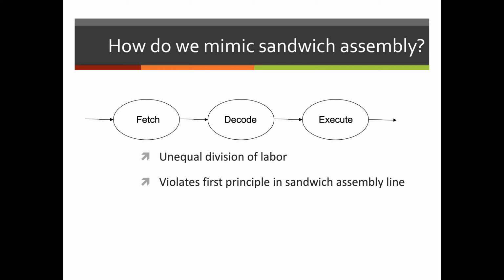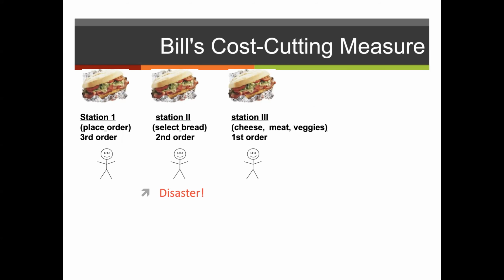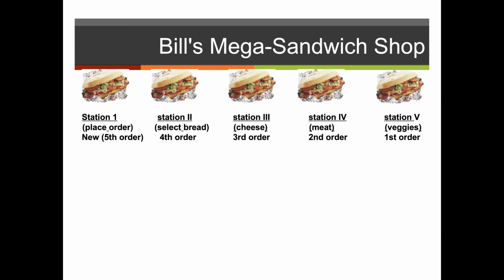So if Bill were to try to mimic this, it could result in problems in that if he were to cut back on employees, this might result in increased waiting times because you'll have only 2 workers who only work about a third of the time. And so to avoid this, you do want to have 5 workers with the distribution of work.